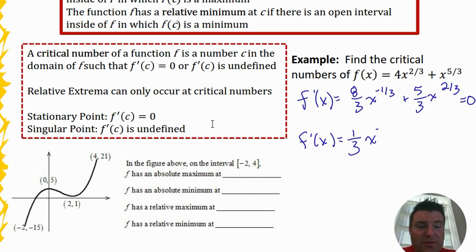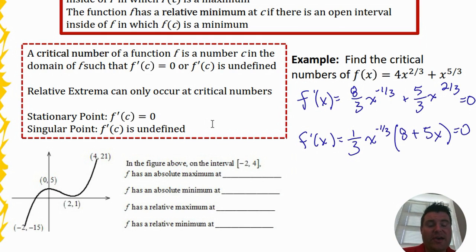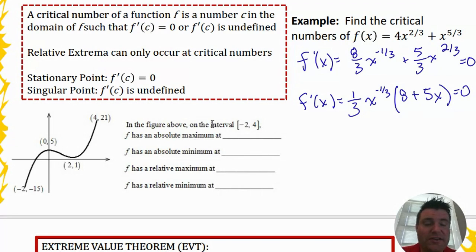But of my two terms, since negative 1/3 is the smaller of the two exponents, I'm going to pull that out. My first term here is going to leave me with an 8, and the second term is going to leave me with a 5x equals 0, and then you can go ahead and distribute this back into it, and you'll see that this does match up. That's a really good technique that you should know for calculus, is how to factor fractional exponents.